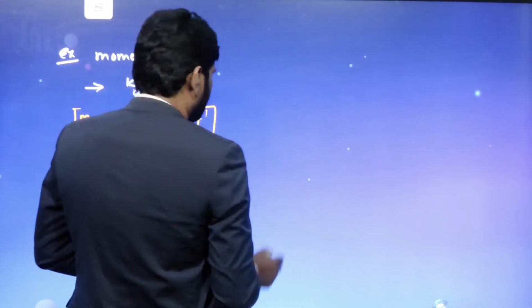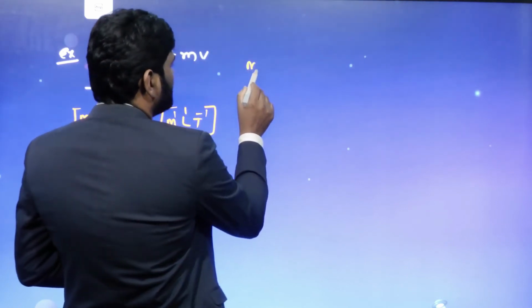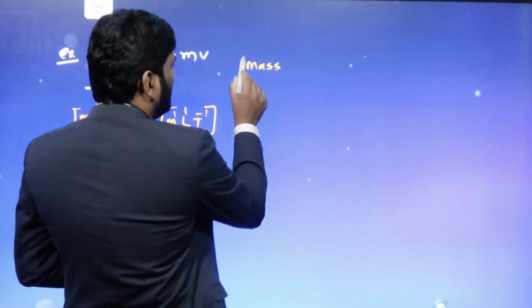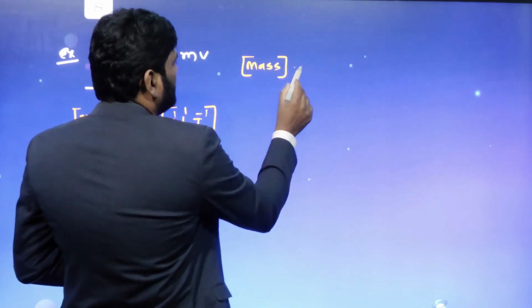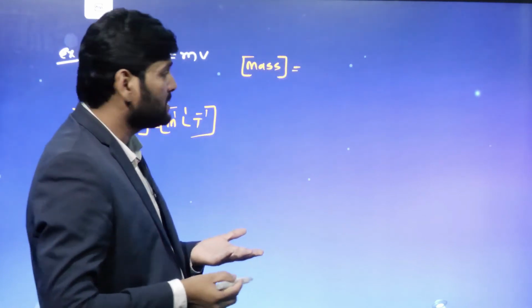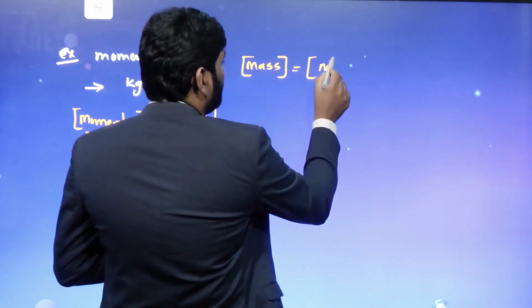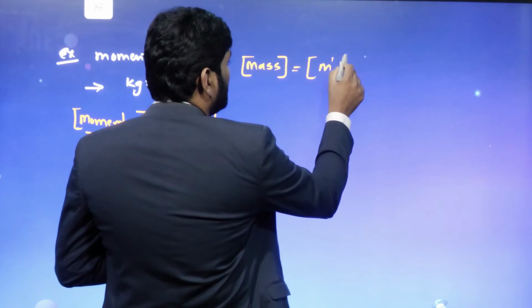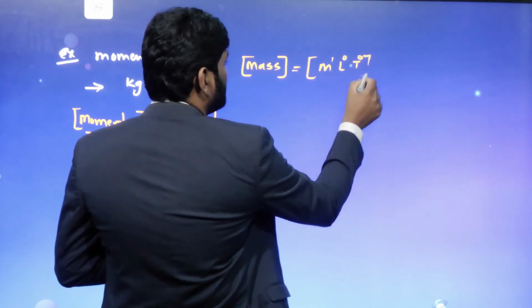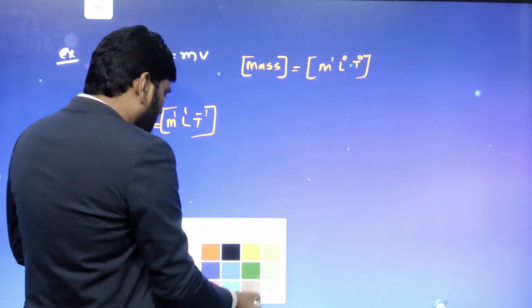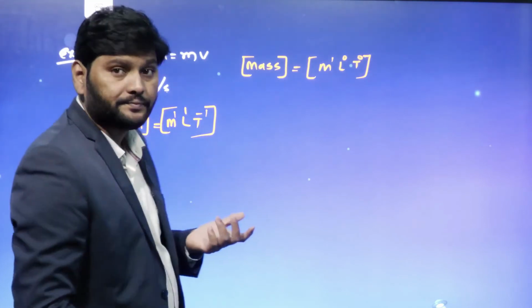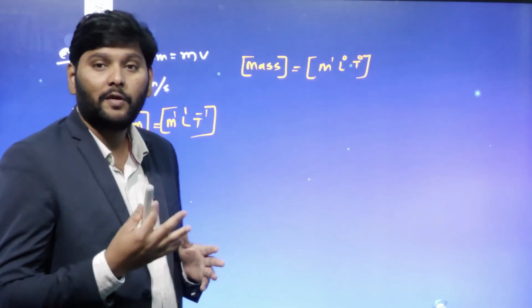I'll show how it is. See, you know the fundamental quantities. The first fundamental quantity is mass. If I take mass, how do you express the dimension formula? As M1 L0 T0, because the other physical quantity powers would be 0.